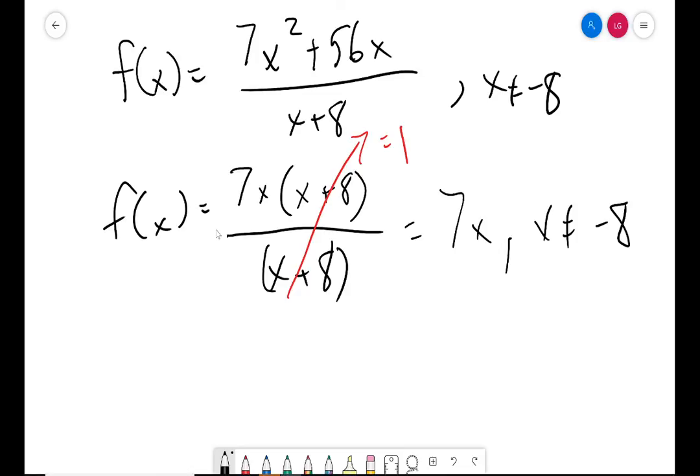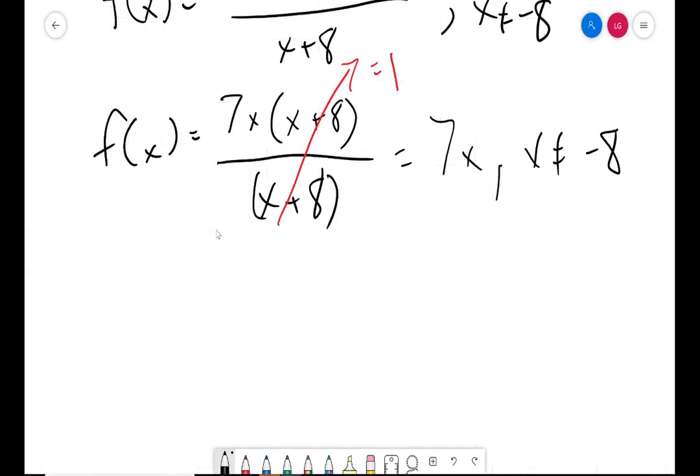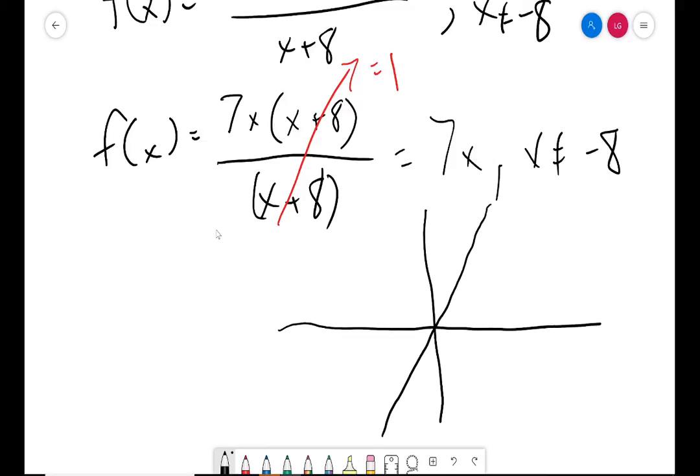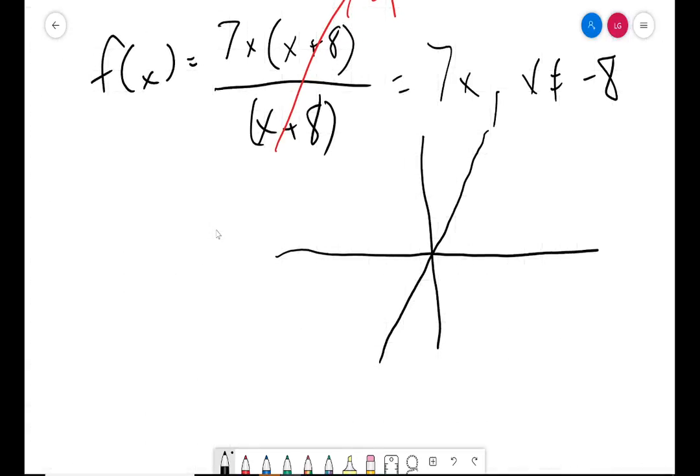So you might think about what that means. We know, for example, this line will be something relatively steep, like this. But at x equal -8, let's call that right there, there is a singular point, a hole. When x is -8, it feels like f of x should be -56, but it is not.